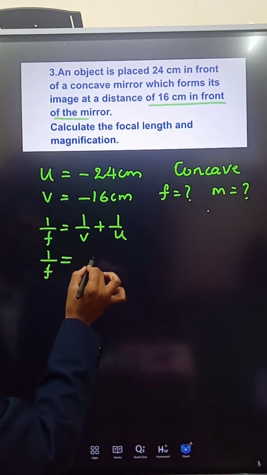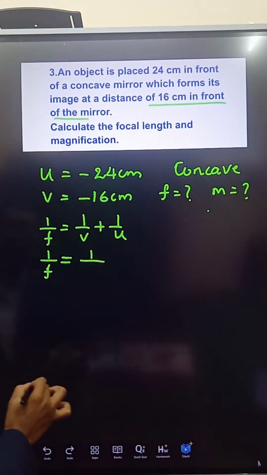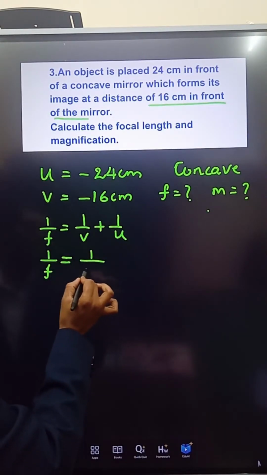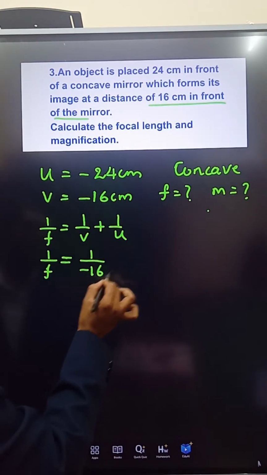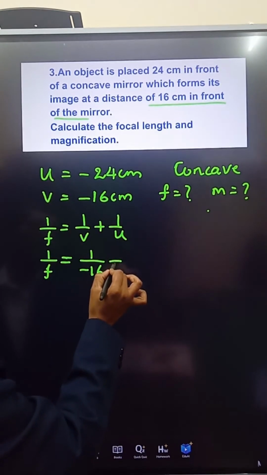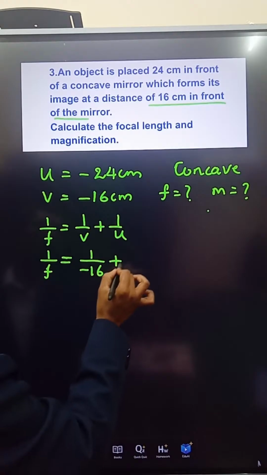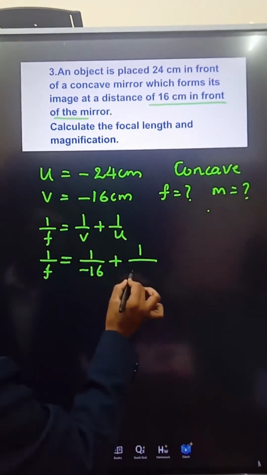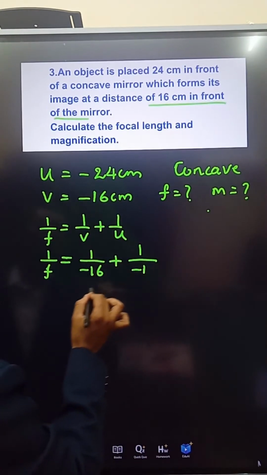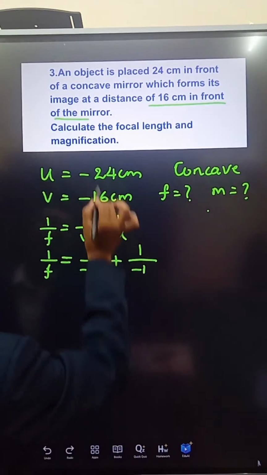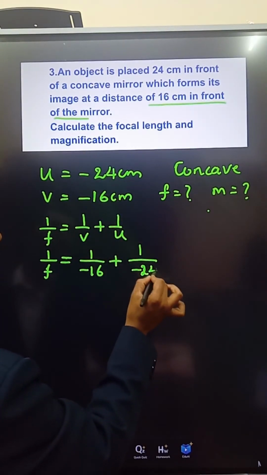Before me, you have to solve. 1 by v, v is minus 16 centimeter, plus 1 by u, u is minus 24 centimeter.